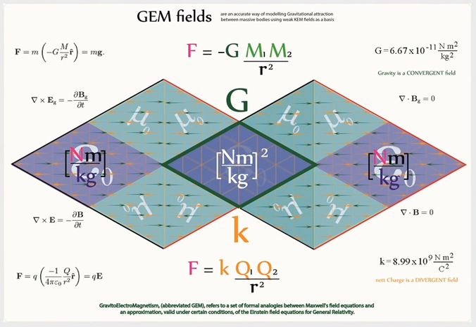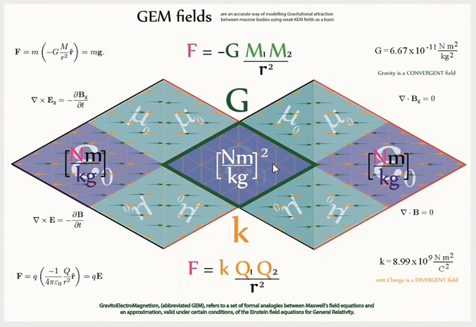The GEM fields, obviously, again, this is just reiterating that the mass matter of an object can be recalculated as a mass energy field with its energy momenta, the momenta obviously giving it a force component of Newton meters per kilogram of mass energy.